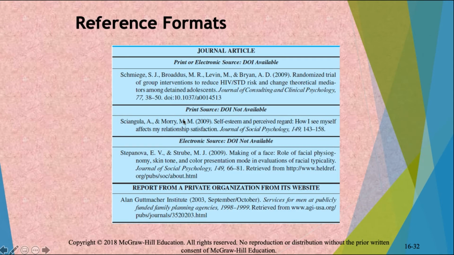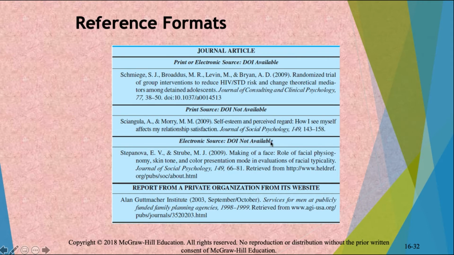So how are references formatted? We have a print or electronic source with DOI available, for example the last name of the author, the initial, then the second one, the third one, and for the last you put the sign of and, followed by the year, the title of the article, journal name, then volume, page number, then DOI. For a print source without DOI, it is similar, except that you don't have the DOI number.